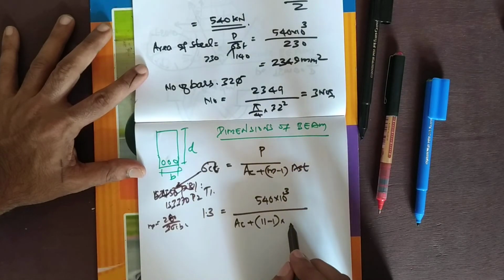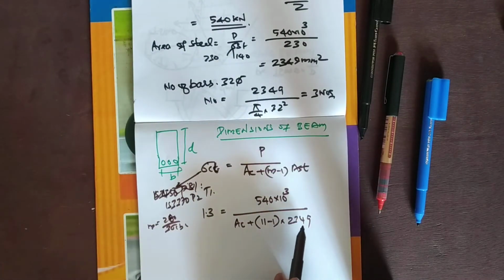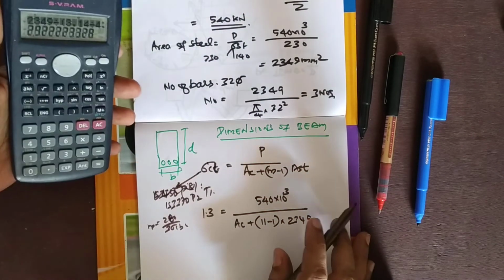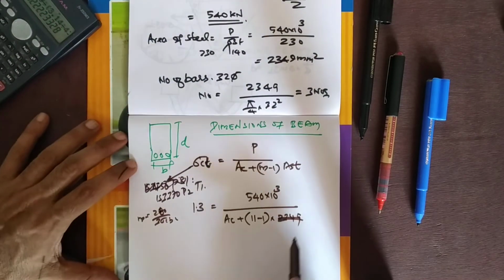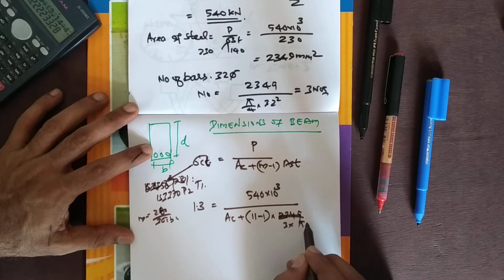AST you can write 2349, because actually the actual provided AST we should write. Whatever it is fine here. Otherwise if you provide the AST, because 3 numbers, you can write like this: 3 numbers of 30 dia bar, so 3 into pi into 30 square by 4.